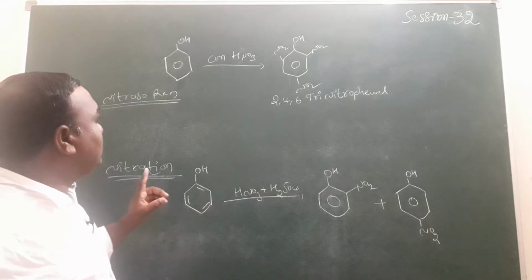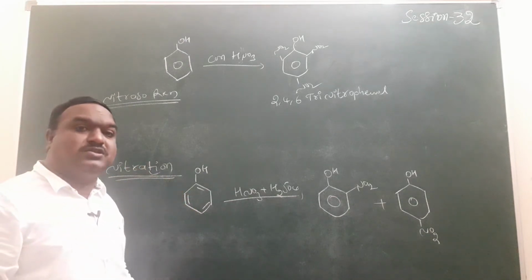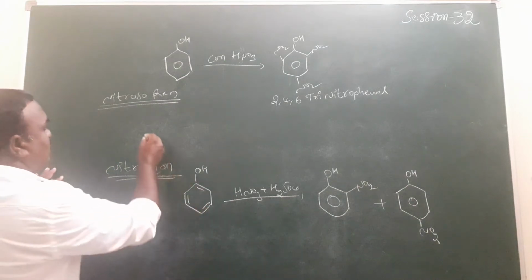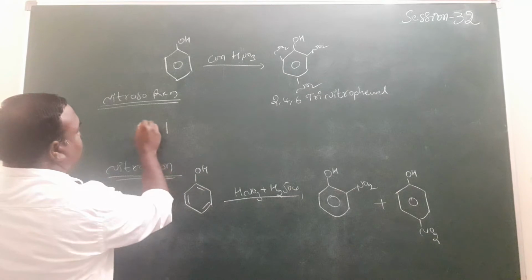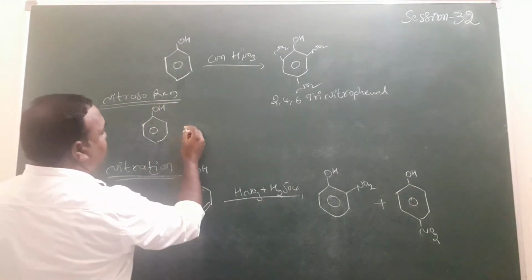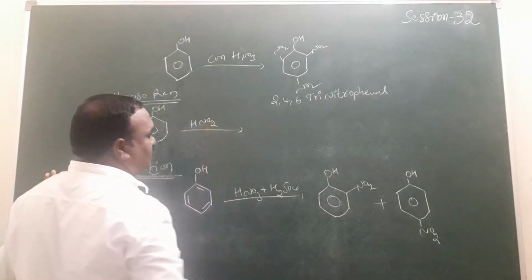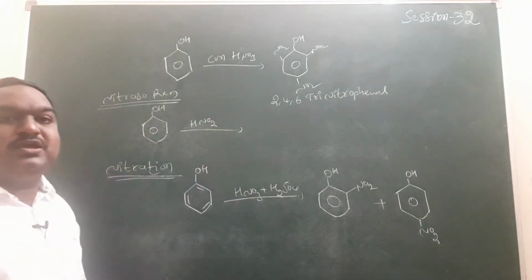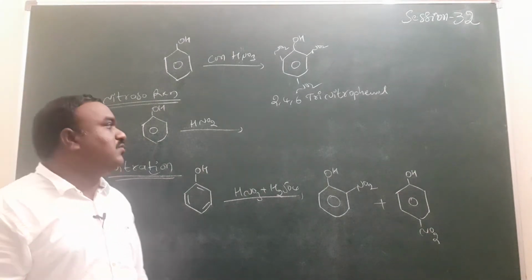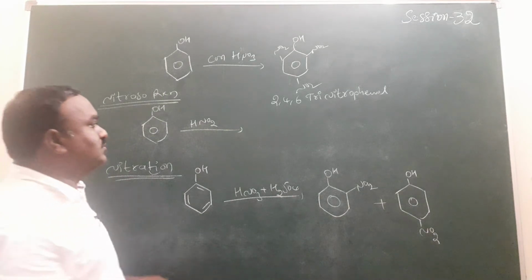Wherever HNO2 is given, it is generally called a nitroso reaction, not a nitration reaction. Here the given compound phenol reacts with HNO2, or NaNO2 plus HCl at low temperature, to form the ortho and para compounds.